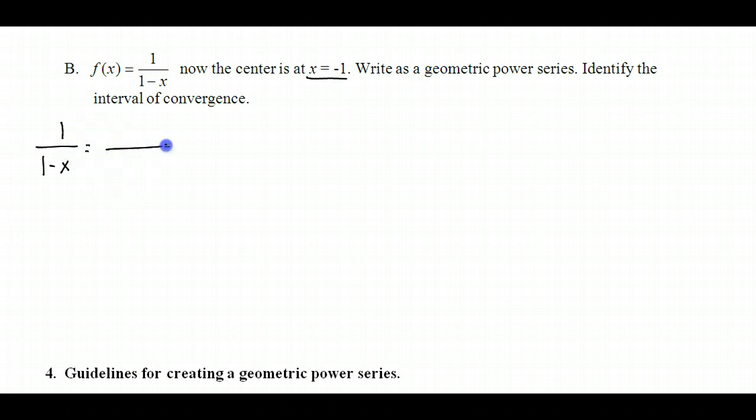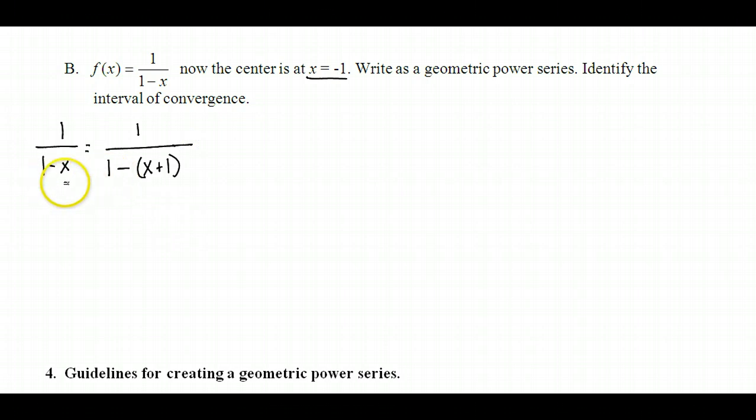Therefore, when I adjust for my center, I have to keep my two things equal here because I'm saying here is my function, they have to be equivalent. So I'm going to leave the 1 in the numerator, and I have 1 minus, but this x, if I'm centered at -1, that has to be x plus 1.